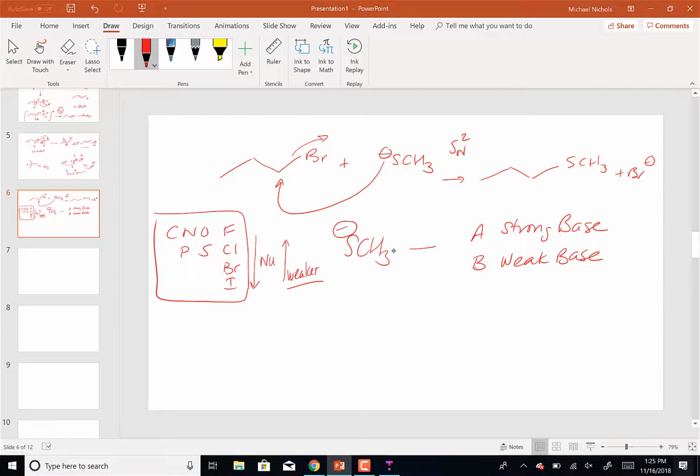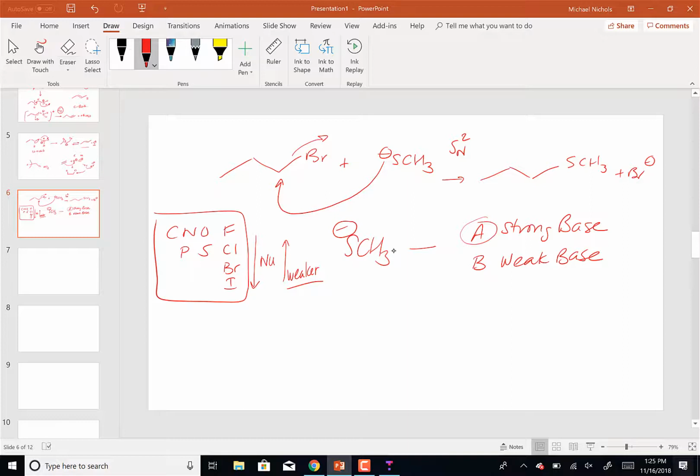But is it a truly weak base? Well, it has a negative charge, so it would fit our strong base model. And so it is a strong base because it has the negative charge.